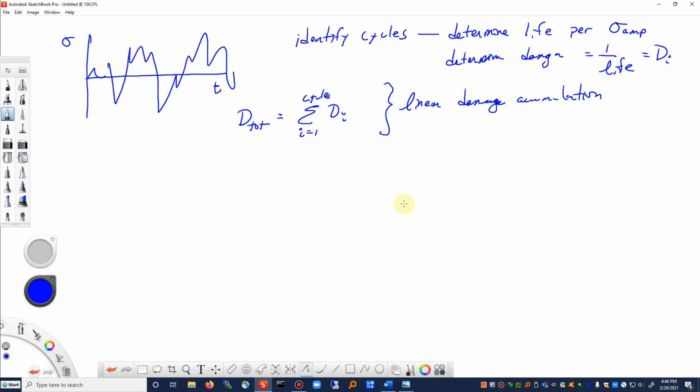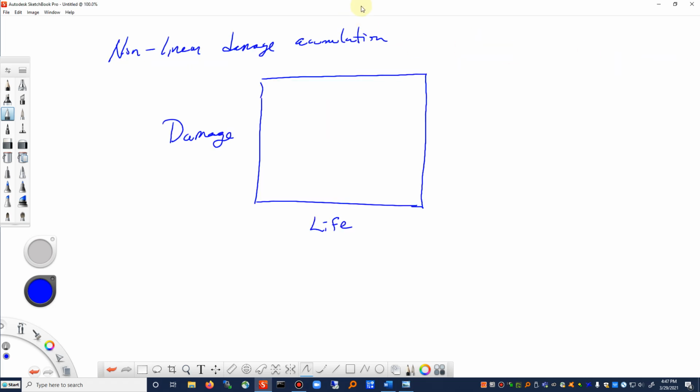So I'm going to talk a little bit about nonlinear damage accumulation, but I will say hardly anyone really uses nonlinear damage accumulation, and we'll talk about why that is. If we want, it might make sense to think of damage and life as being plotted one versus the other. Over here we have 0% of the life used. Over here we have 100% of the life used, or a damage of 1.